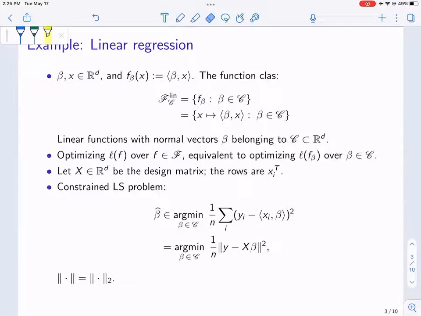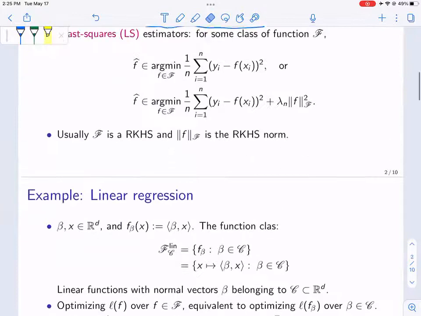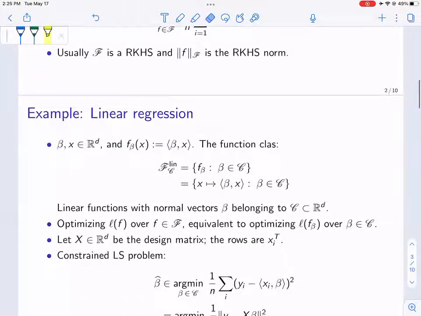Okay, so linear regression is a very simple example. If you think of the setting with function classes, I can take my function class to be all functions that look like beta x, where beta is in some set C. This is one function class, right?